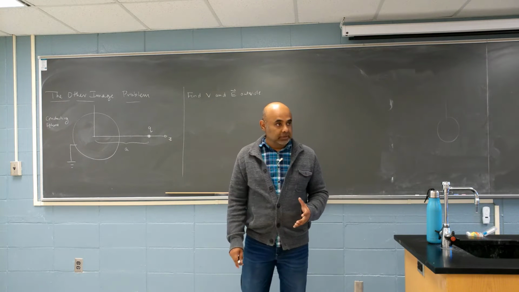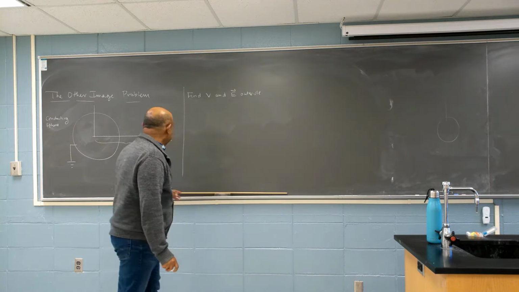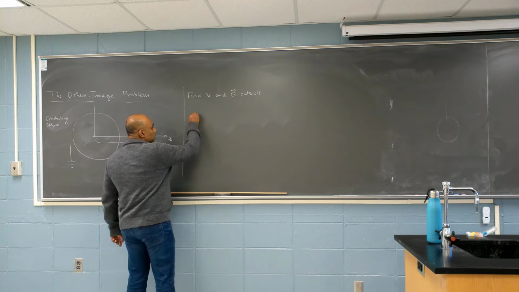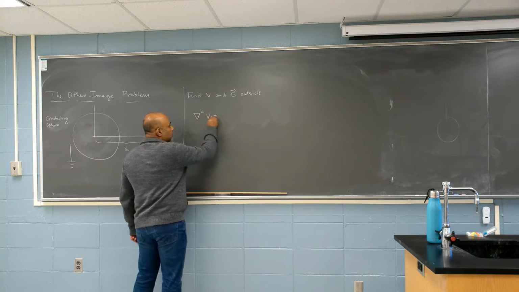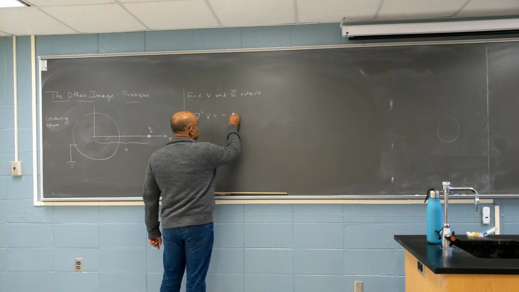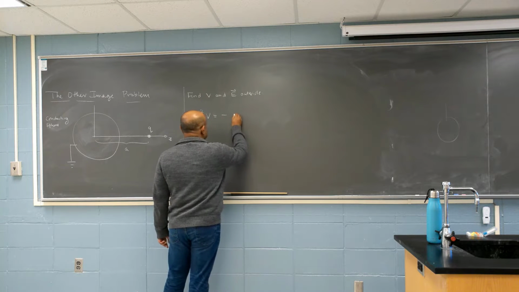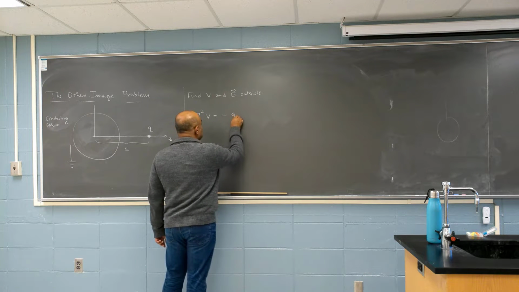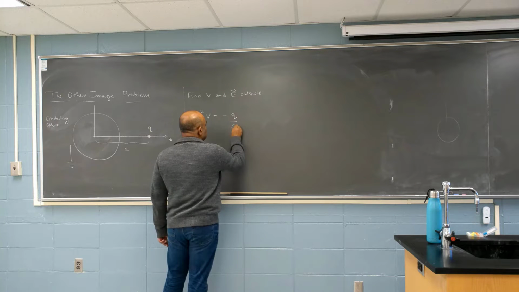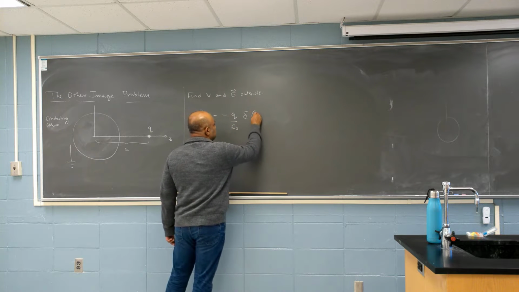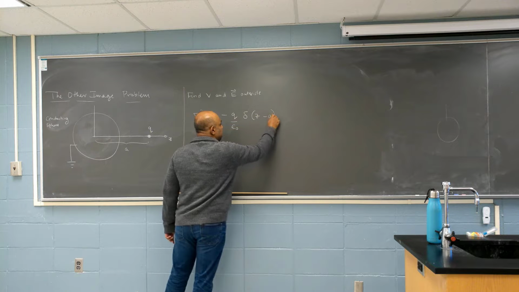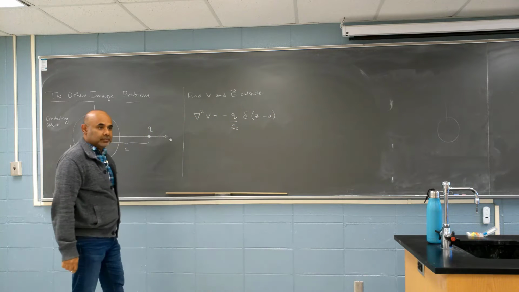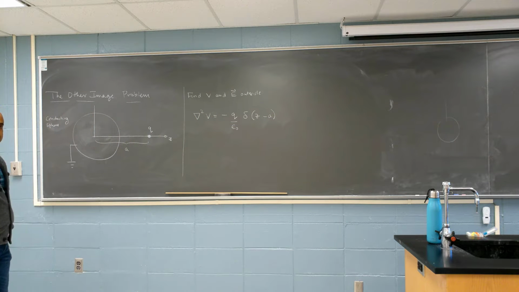Write a potential such that it satisfies del squared V equals minus Q over epsilon naught delta z minus a. Right? Well, that is almost easy.